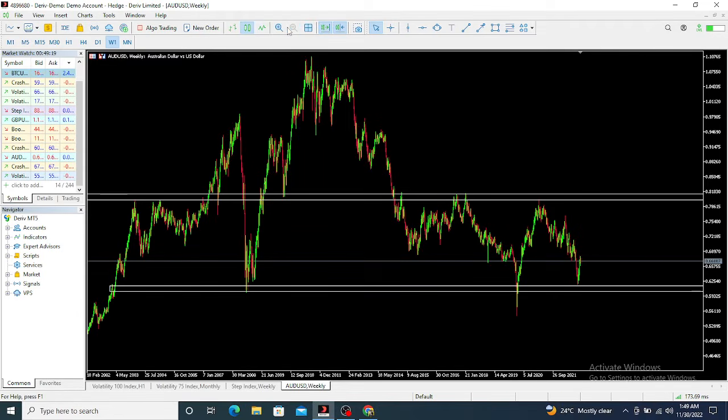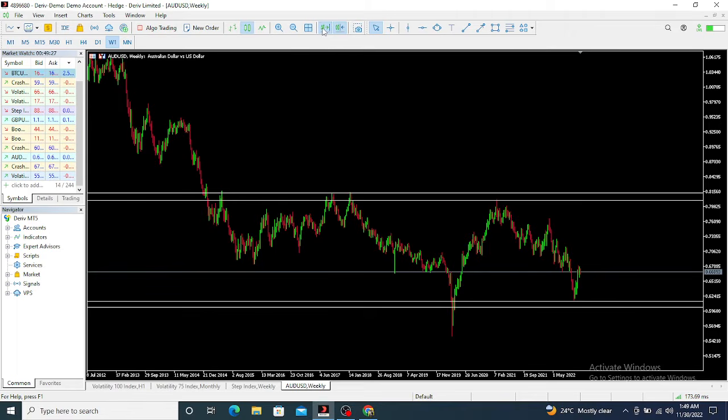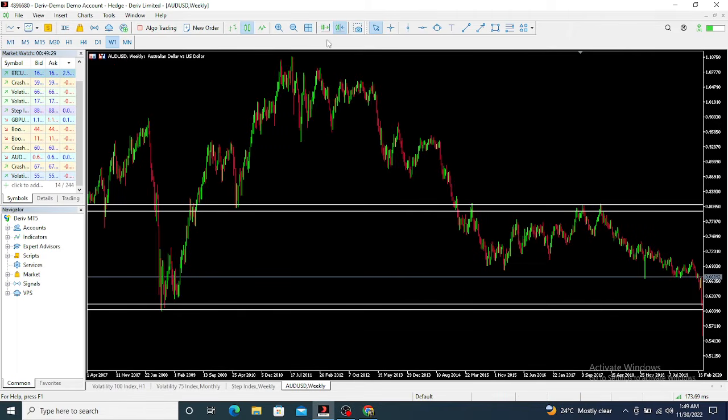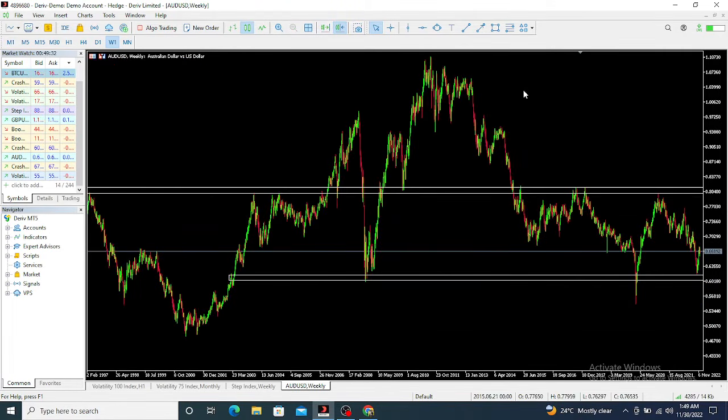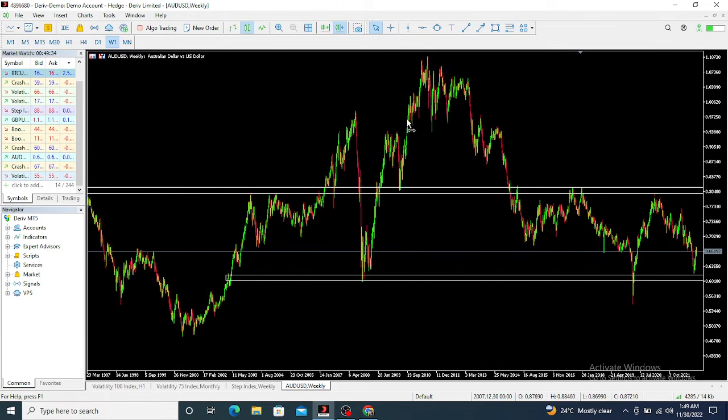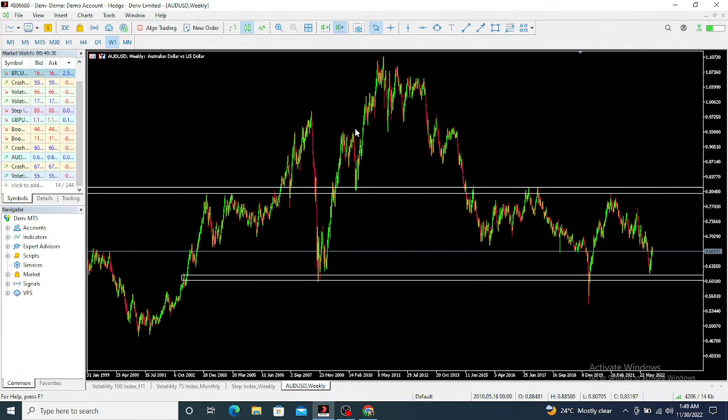Okay, I minimize my screen as little as I can and zoom in. Now this is our weekly time frame. We still look for the same areas, or we adjust those initial areas to fit those rejections perfectly.